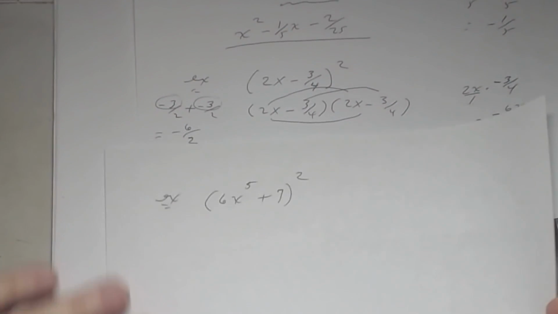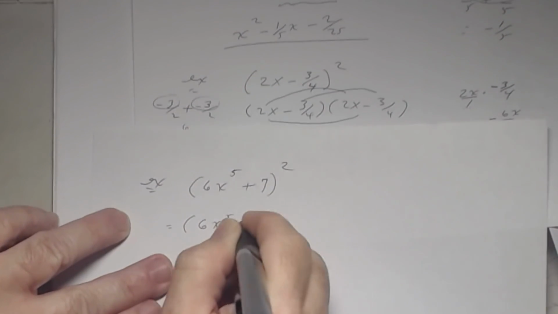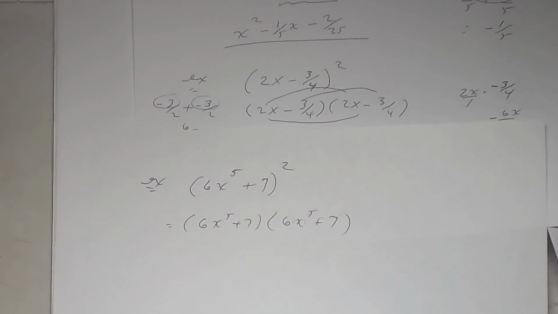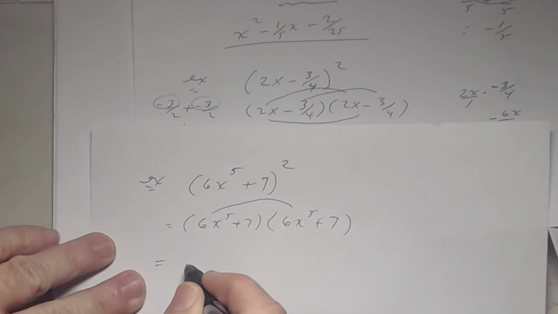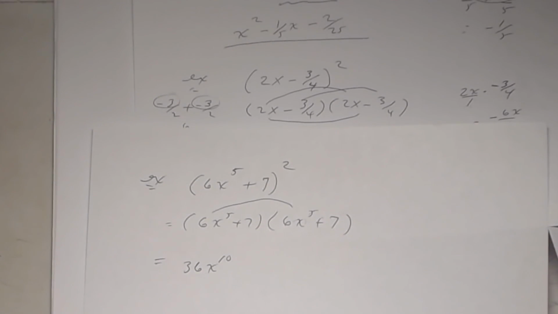So you're saying 6x to the 5th plus 7 times 6x to the 5th plus 7, and then use the FOIL method. What's 6x to the 5th times 6x to the 5th? 36x to the 10th power, because when you multiply bases, you add exponents. 5 plus 5 is 10.